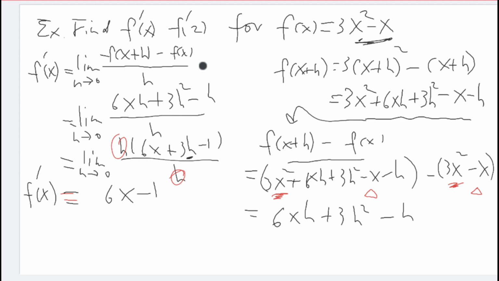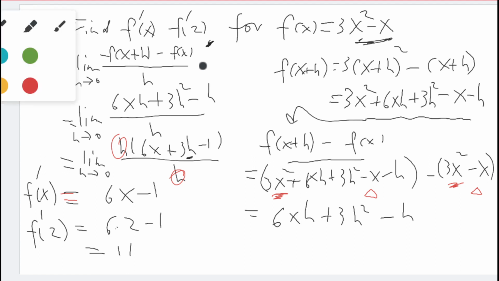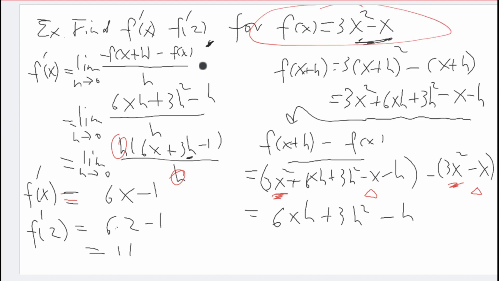Now, if we want to find f prime of 2, just plug in 2 for x. That gives 11. All right, so the whole idea is, given a function, we find its derivative as another function.